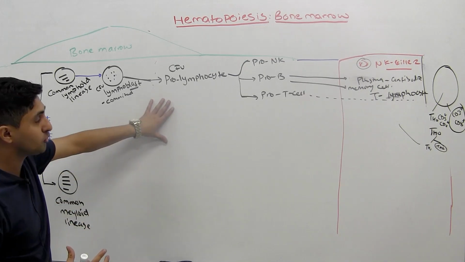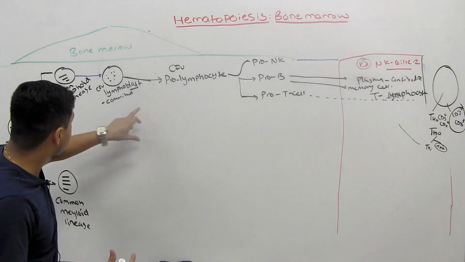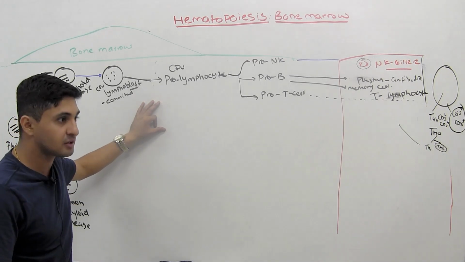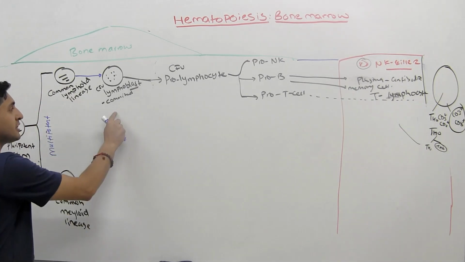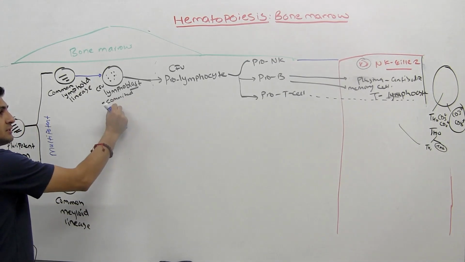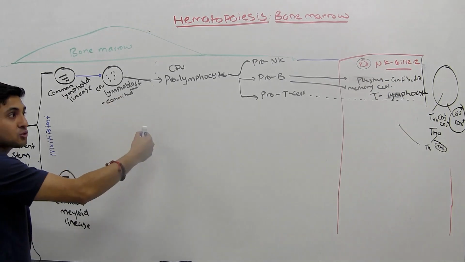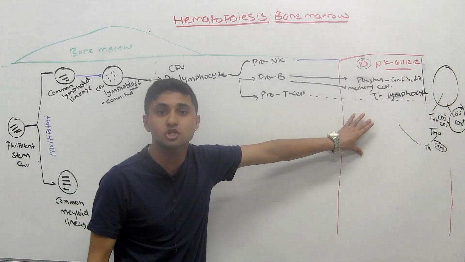Because remember, later when we talk about, for example, lymphocytes, and acute lymphoblastic leukemia, that means there's some kind of leukemia. Basically it means these cells are rapidly growing, but they're not actually converting into mature cells.